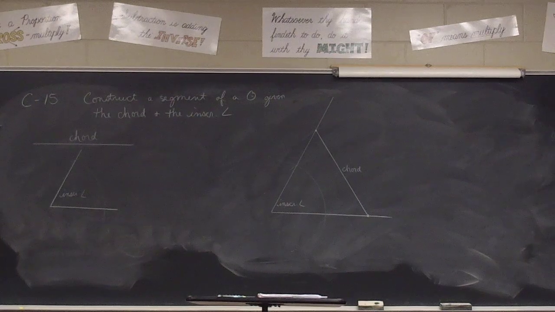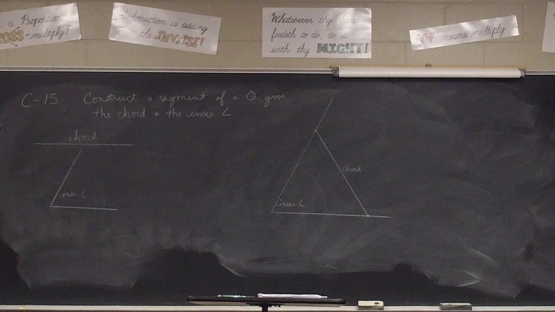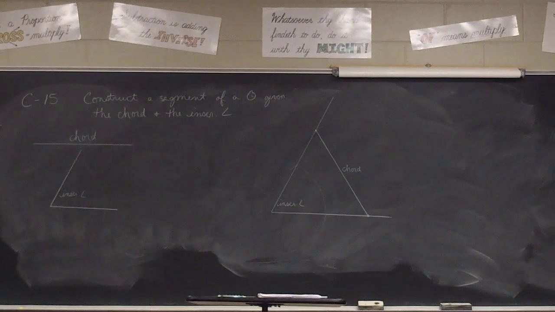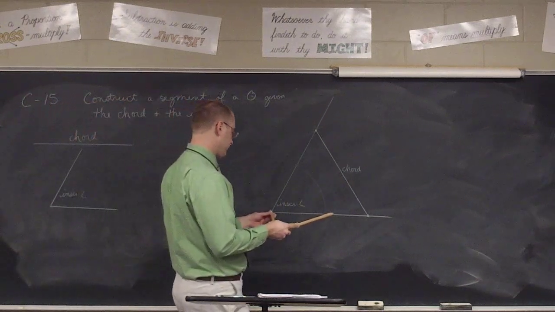C12. Construction 12. Circumscribe it. Circumscribing a circle requires you to get perpendicular bisectors. A couple of them.